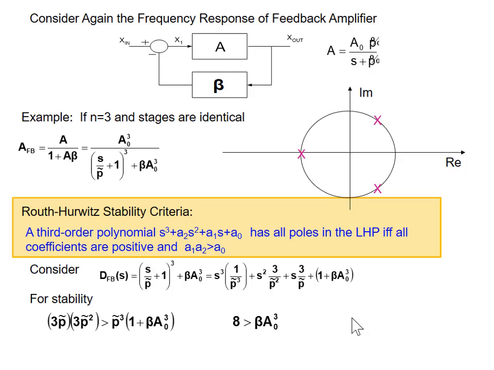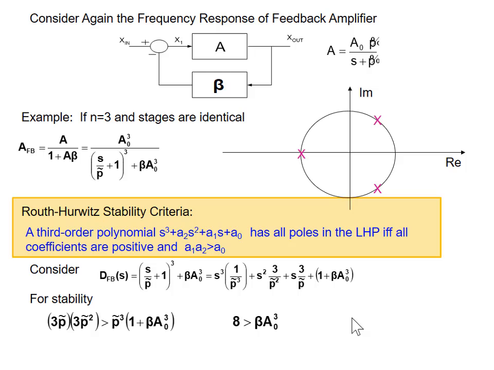So this product, 3p tilde times 3p tilde squared, has to be bigger than the constant term. So I multiply through by p tilde cubed, and I'll have p tilde cubed times 1 plus beta a naught cubed right here. This is the Routh-Hurwitz stability criteria. Well, we expect that we're going to violate this because we know this circuit has right half plane poles, right? But let's look at the stability criterion for the circuit.